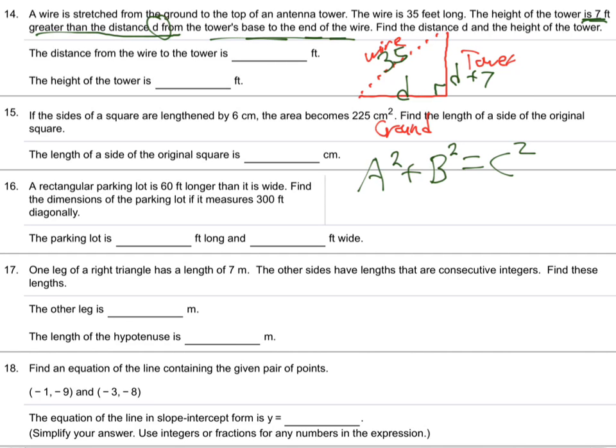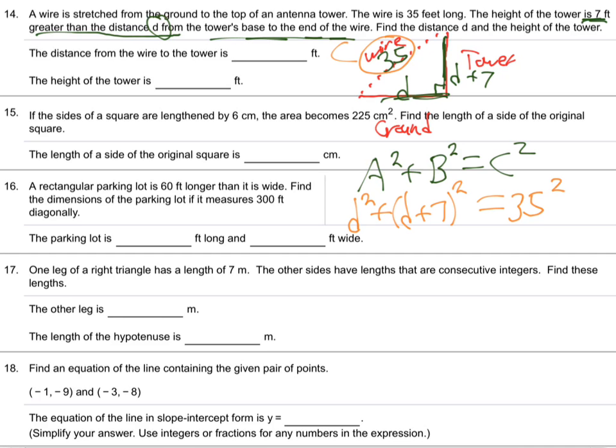How do you know which one is c? It's the 35. It's the one not touching the right angle. See how these guys both hit the right angle? They're the a and the b. Either order doesn't matter. But the other one, the 35, that's the c. So d squared plus, and you've got to put parentheses, (d plus 7) squared, equals 35 squared. That makes sense there?